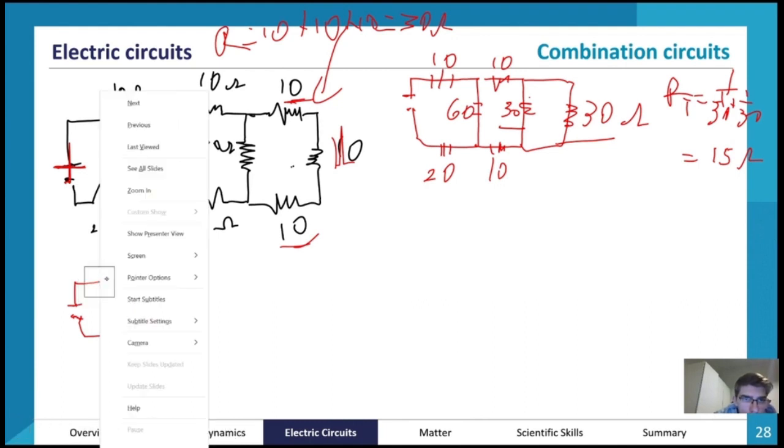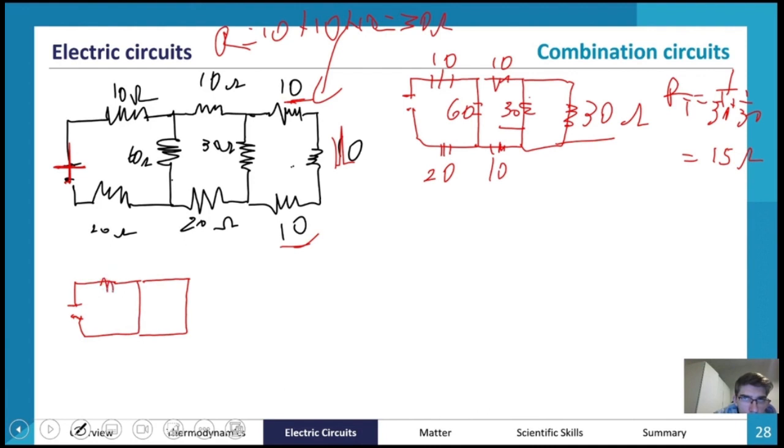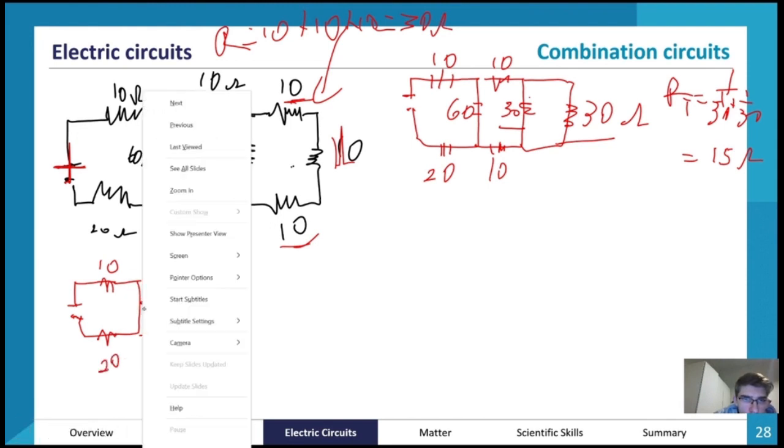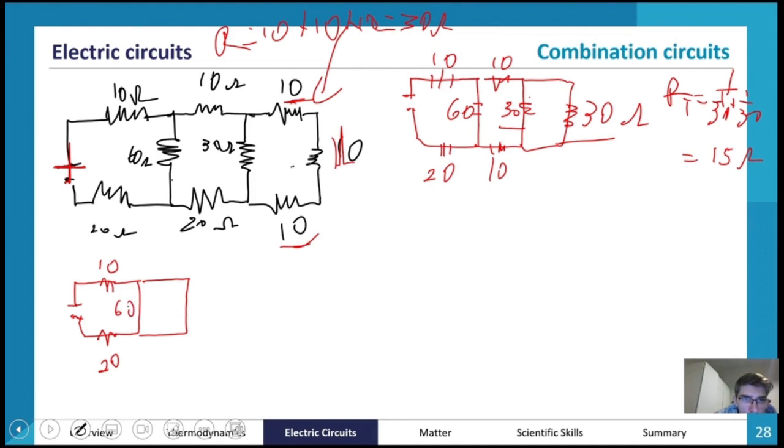So we have 10 ohm here, 20 ohm here, 60 ohm here, 10 ohm here, 15 ohm here, and 10 ohm here. Now 10, 15, and 10 are connected in series, so let's redraw that again.